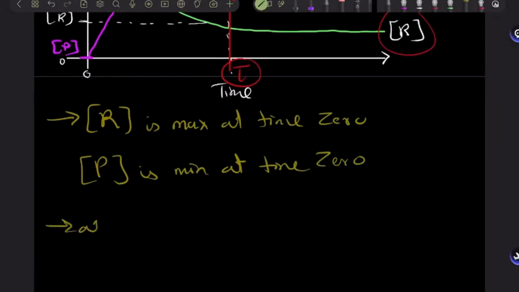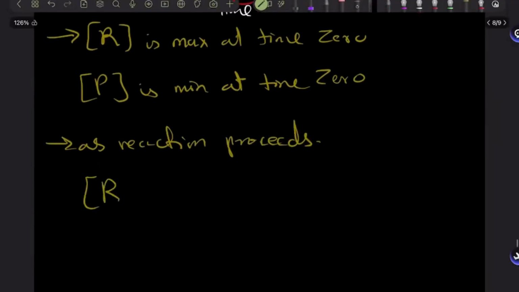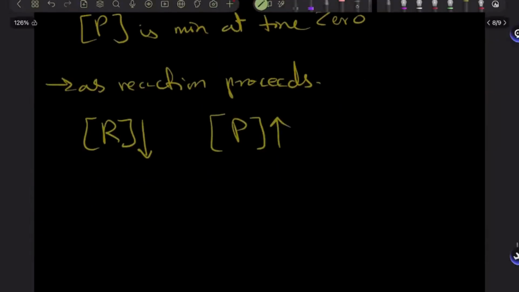Now, as reaction proceeds, what should happen to the concentration of the reactants? It decreases. And what should happen to the concentration of the products? It increases.